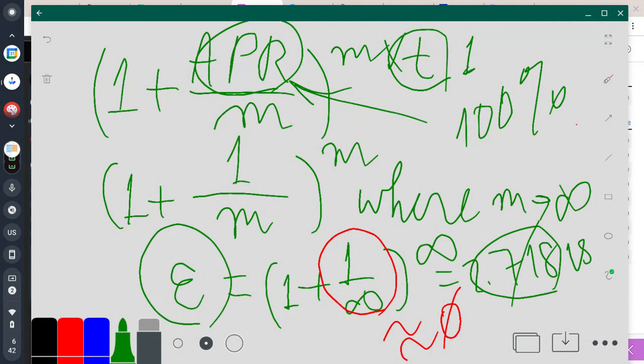Now the interesting thing is, think about it. When m goes to infinity, what does that mean? That means continuous time, right? Why? Think about it.